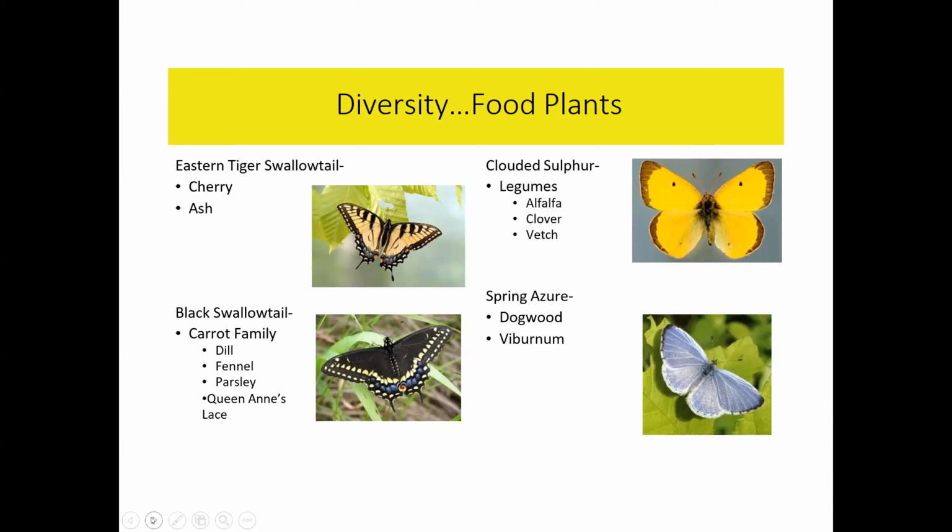The clouded sulfur prefers legumes. So anything in that leguminous family, alfalfa, clover, vetch, and a lot of these, especially vetch, is considered a weed. And clover is considered a weed of lawns. We threw out clover from lawns about 30 years ago, and it's a very good species for pollinators.